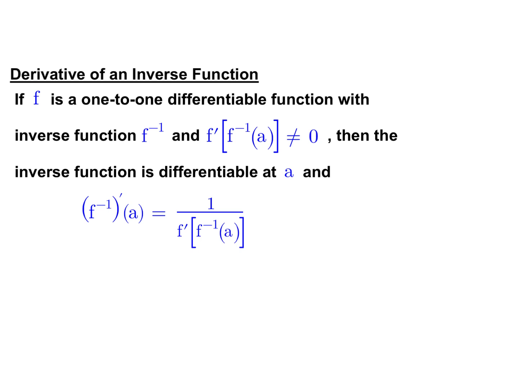Okay, f is a one-to-one differentiable function. Therefore, it has an inverse, f to the negative 1. That's how we designate an inverse function. What this is saying is that if I take the derivative of f inverse at a particular value a, then it is equal to 1 over the derivative of f at the inverse.